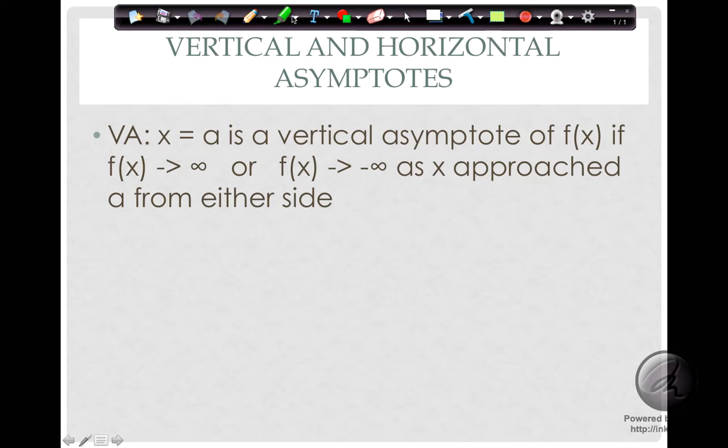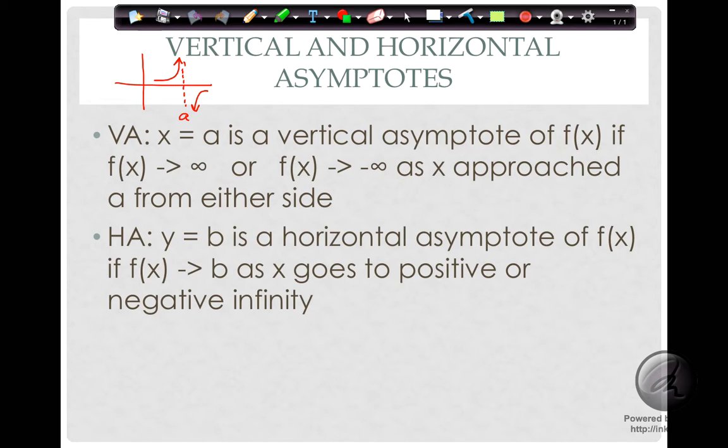So if we're talking about a vertical asymptote over here at a, if my function goes to infinity or to negative infinity, or both in this particular case, then that's called a vertical asymptote. They are relatively easy to find. I'll get to the horizontal. Actually, I got to talk about horizontal first. Let me talk about horizontal.